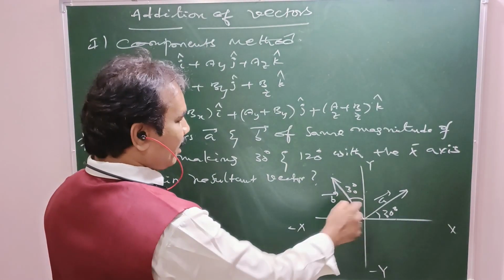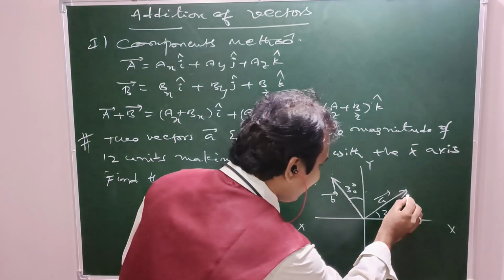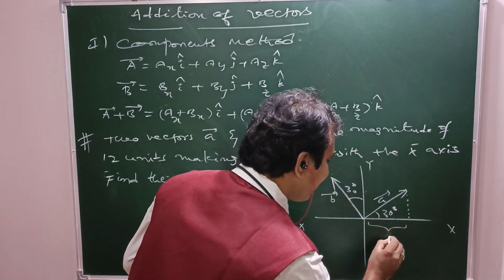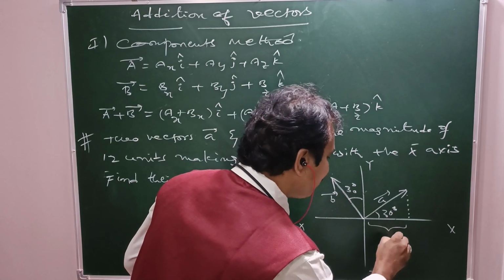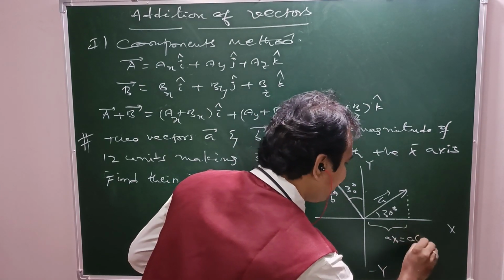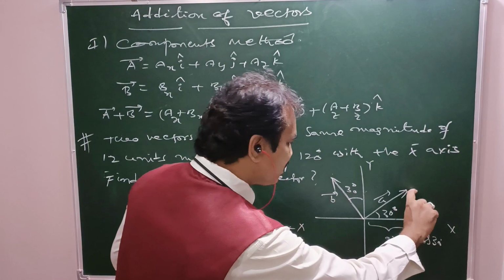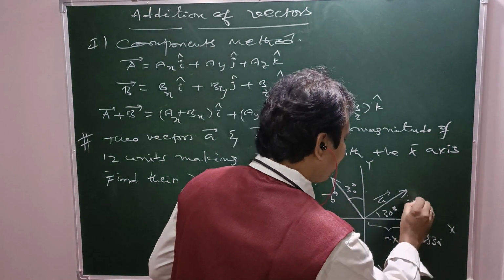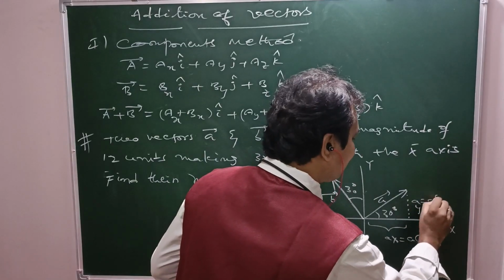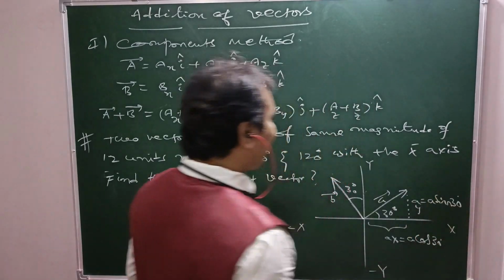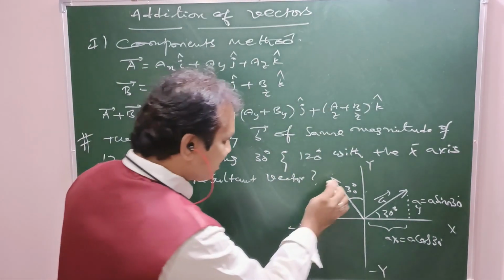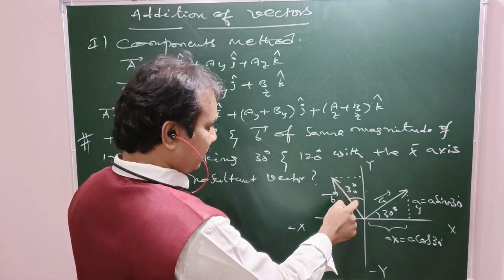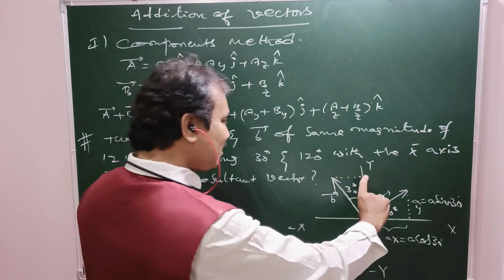So a bar, here it is b bar. If I close this side, you get the opposite side here. This is ax, that is a cos theta, a cos 30. Now this is a sin theta, opposite side, that is ay, a sin 30. Now for b bar, if I close this side, with respect to this angle, this is opposite, this is adjacent.